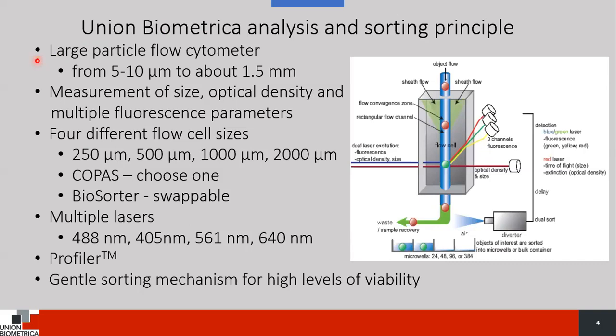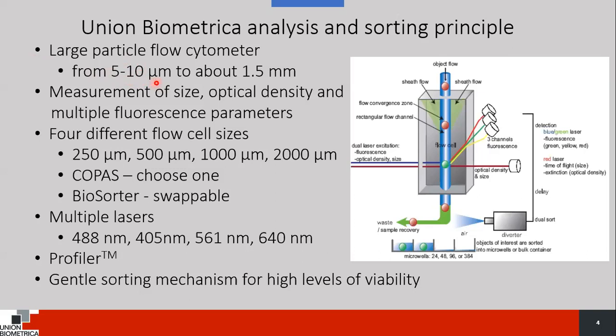For our flow cytometers, we can work with a much broader range and much bigger sample types. The bottom end of our range is around 5 to 10 microns, but can go up to 1,500 micron wide diameter objects, much bigger than what traditional flow instruments can do. This 5 to 10 microns at the bottom end is a little bit of a soft number, because it depends on the sample type.